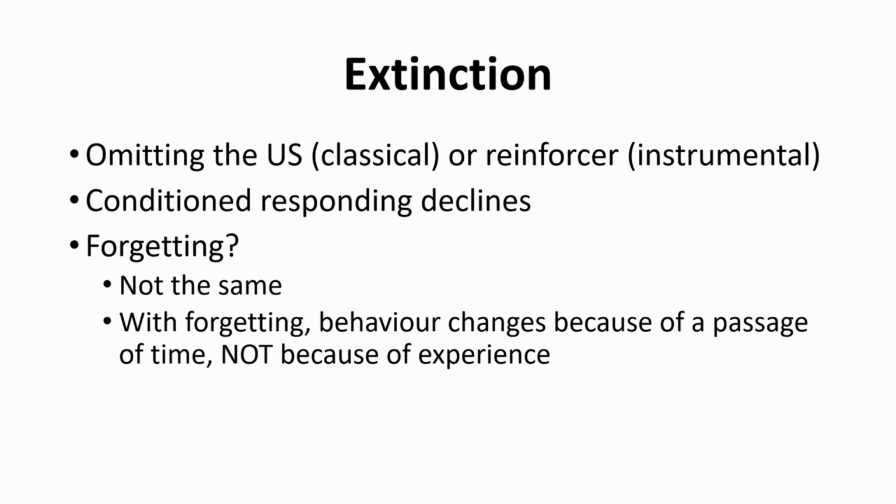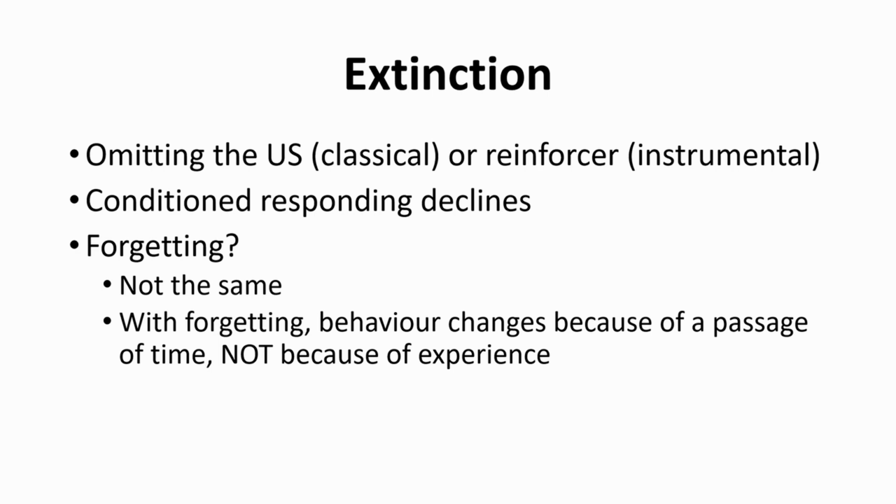Now we can take another brief detour into something that extinction is not, and extinction is not forgetting. They're very different concepts here. With forgetting, behavior changes because of a passage of time. As time goes on, the connections or the associations that were made between different stimuli get weaker and weaker until they go away.